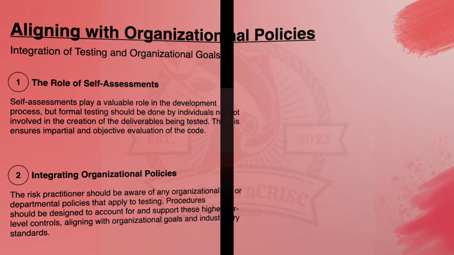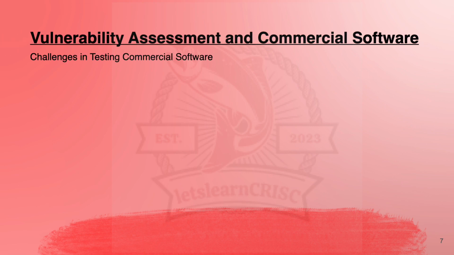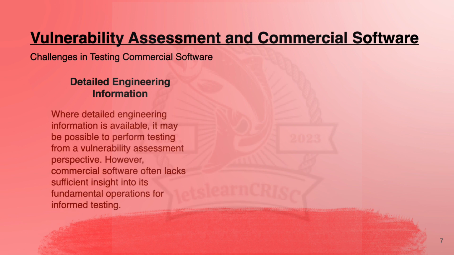Right? Moving next. Next, we'll discuss some vulnerability assessment and commercial software, that is, challenges in testing commercial software. First is the detailed engineering information. Friends, detailed engineering information includes in-depth knowledge about the inner workings and architecture of a system or software.